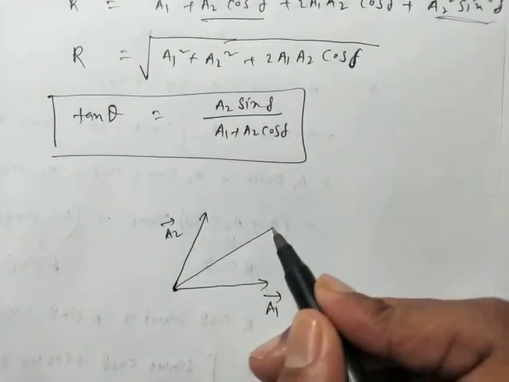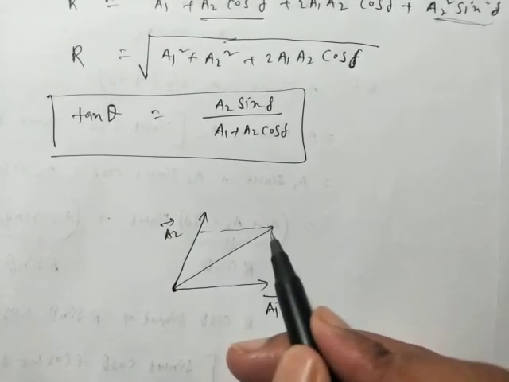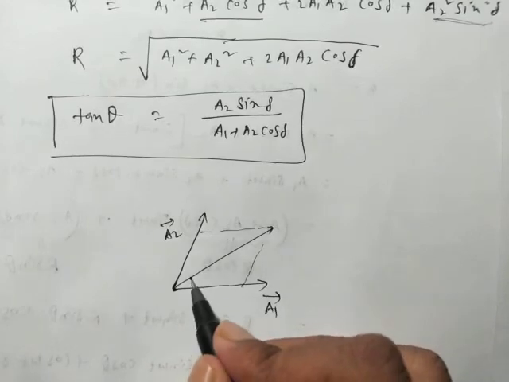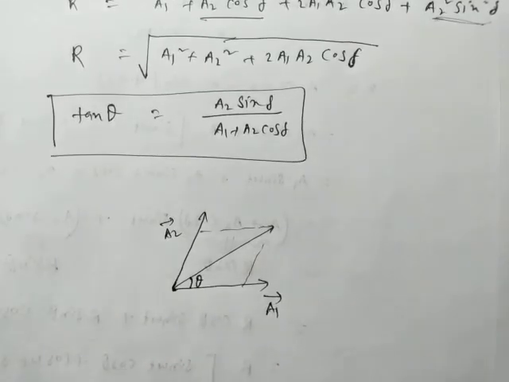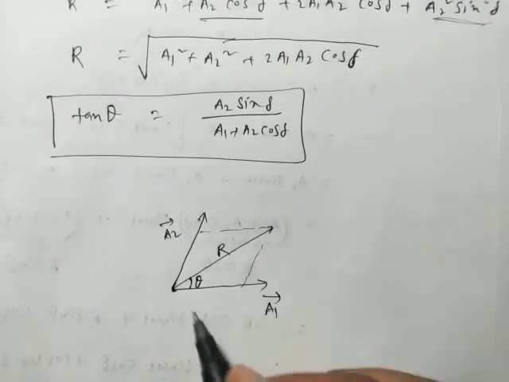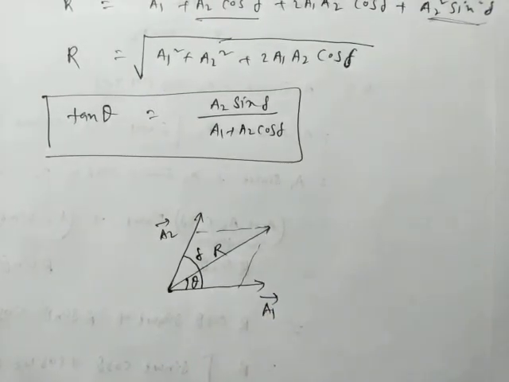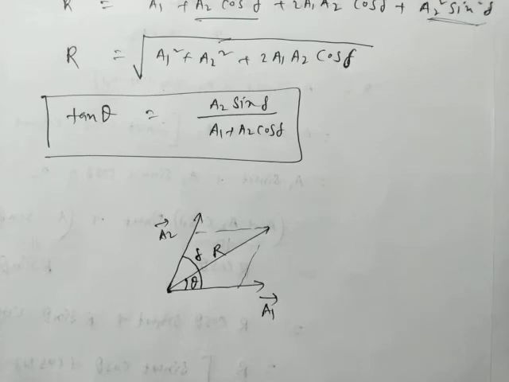So this will be the resultant r, and this angle is theta, which is the phase difference with the first. This can be taken as delta, which is the angle between a1 and a2, and this is the phase difference between x1 and x2.